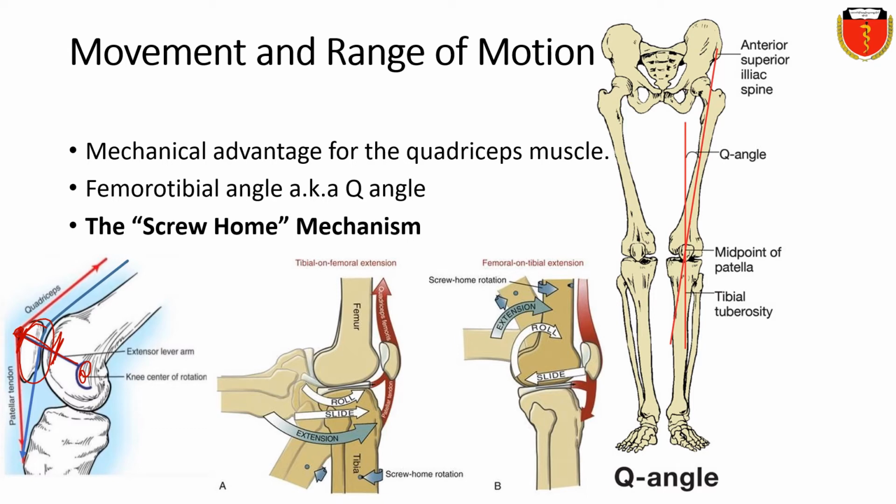The patella itself is able to glide approximately 7 cm proximally and distally, while it can glide medially and laterally over the trochlear groove approximately 1 to 2 cm.